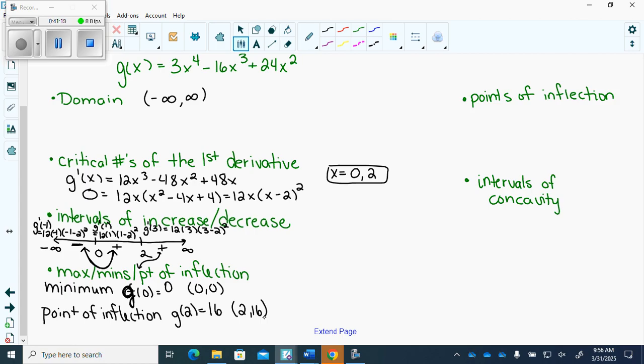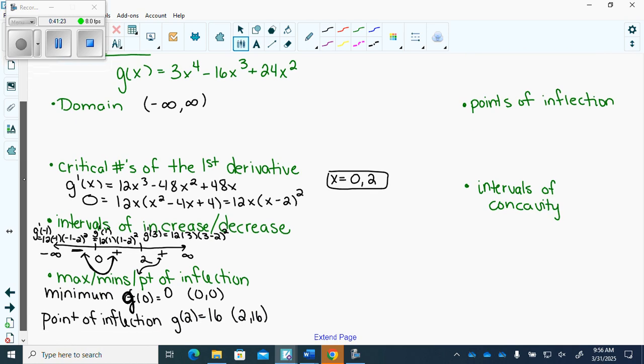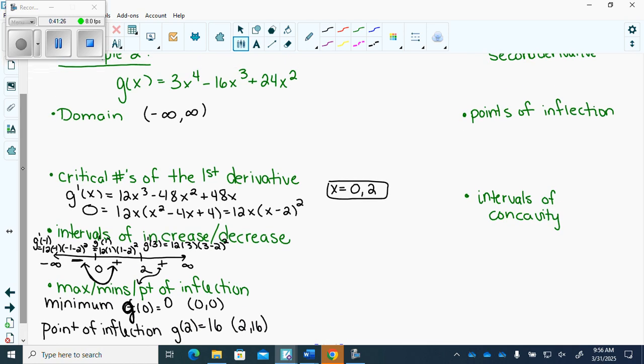Okay, then we need the second derivative because we need the critical numbers of the second derivative. So g double prime of x, I do not use this one. I'm going to have to do product rule if I use that, correct? That would suck. So go back to your original easier one and use that one.